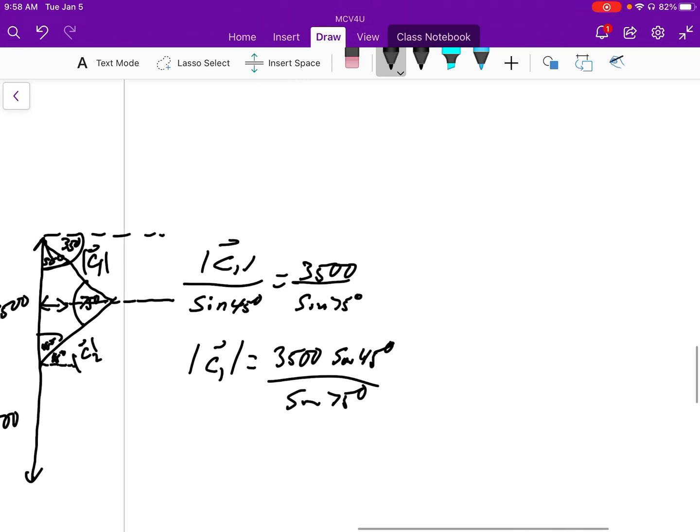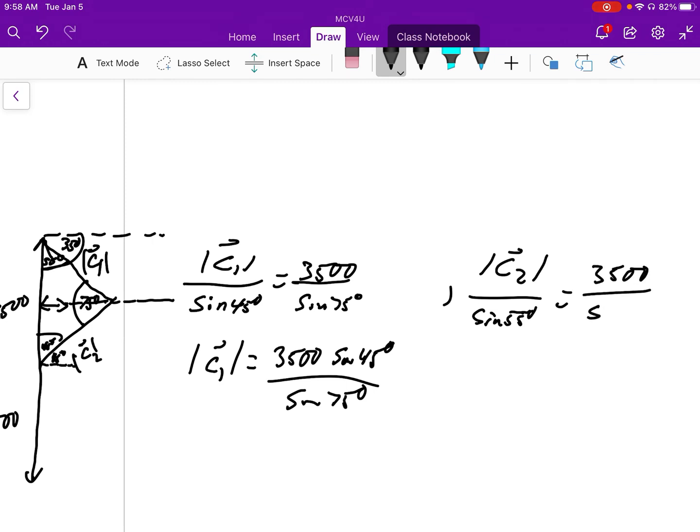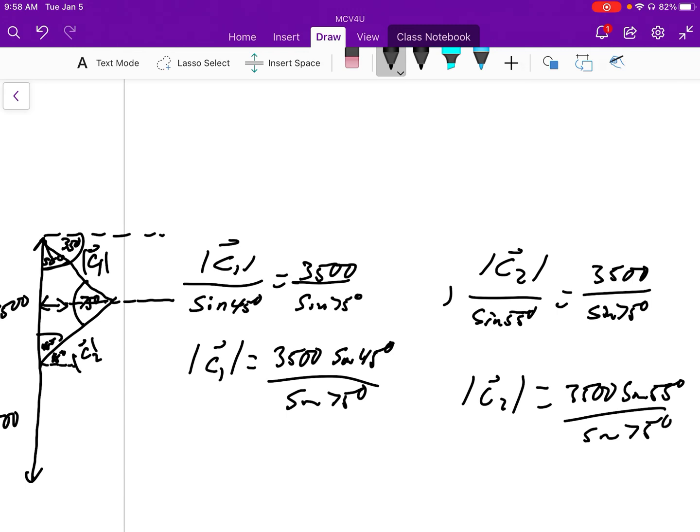Okay? We can do very much the same thing with C2, but this one's over 55, right? We still have our ratio with 3500, and so the magnitude is 3500 times the sine of 55 degrees over the sine of 75 degrees.